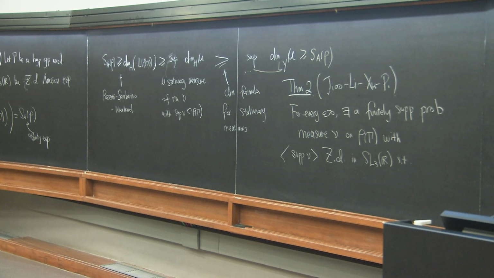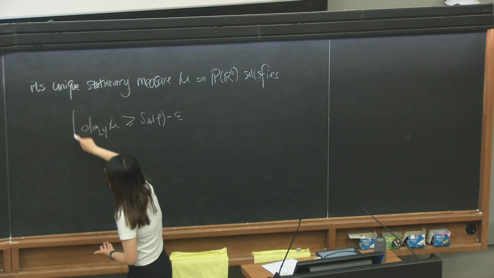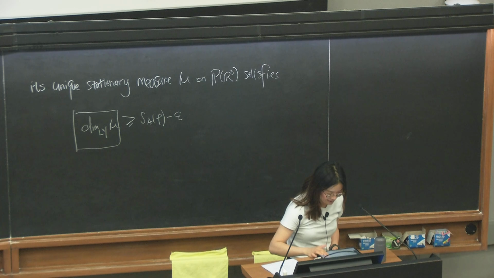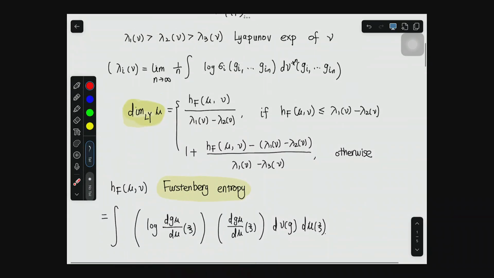Now I want to recall the definition of the quantities that show up in this inequality. The first one is the Lyapunov dimension. It's defined as follows. We start with the Lyapunov exponents of the random walk, lambda 1 nu, lambda 2 nu, and lambda 3 nu. Lambda i nu is computed using the singular values of the random walk: sigma i of the random walk, take the log, integrate, and divide by n.